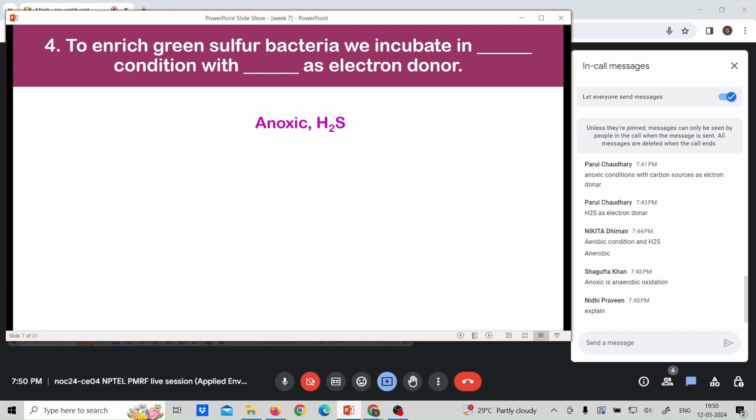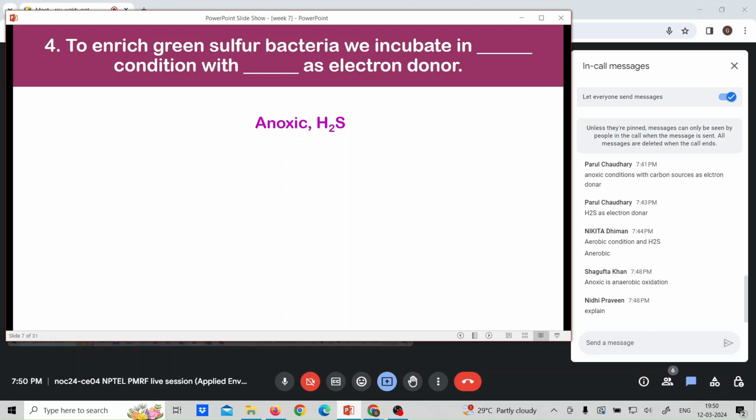When they use inorganic carbon such as carbonates and carbon dioxide, we call them autotrophs. So energy source gives you phototrophs or chemotrophs, and carbon source tells you whether it's a heterotroph or autotroph.